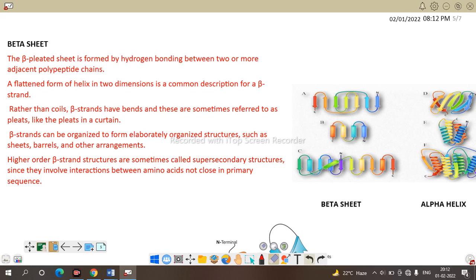A flattened form of a helix in two dimensions is a common description of a beta strand or beta sheet. Rather than coil, beta strands have a bend, and these are sometimes referred to as pleats, like the pleats in cotton. These are the beta sheets here in the diagram.